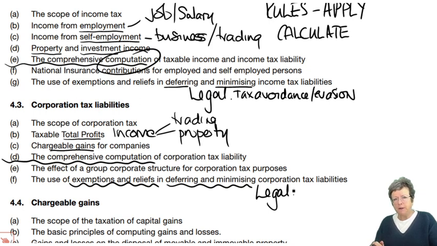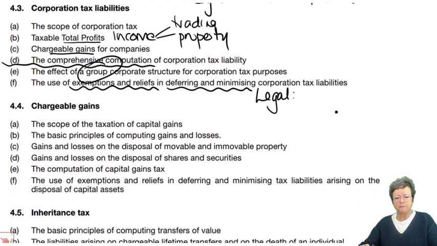Now, with companies, they can have groups. So we need to learn what is a group, how is a group formed, and what the rules are. And when we apply those rules to a given situation, what the impact is on those companies within that group situation. So those two follow the same sort of pattern, but obviously with different rules, because that's what tax is all about, rules.